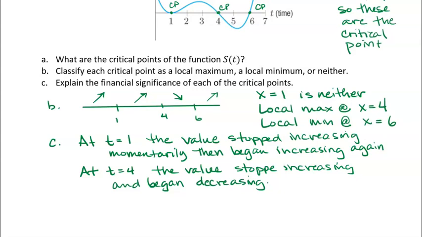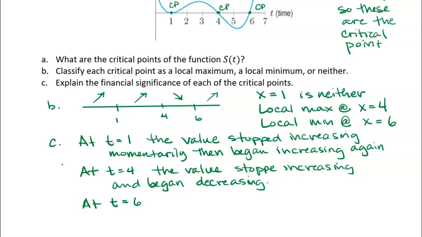All right, now I've got to scroll down just a hair more. Let's look at the last critical point. The last critical point was at t equals 6. Before t equals 6, between 4 and 6, the value of the stock was decreasing. So at t equals 6, that's where it stopped decreasing and started increasing again. That's good. We want the value to go up.